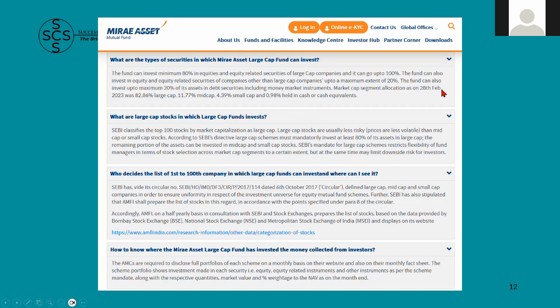And so as of 28th of February 2023, the fund composition was 82% large cap, 11% mid cap, 4.3% small cap, and nearly 1% held in cash or cash equivalents.